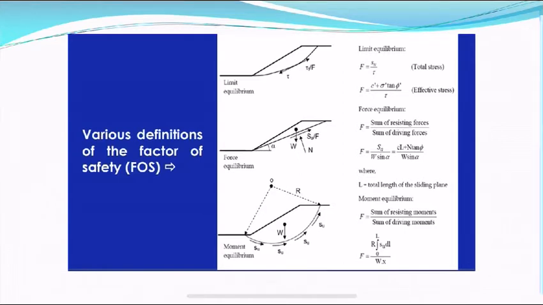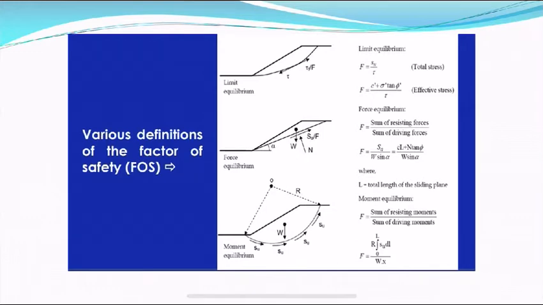Then similarly for moment equilibrium, the factor of safety is defined as resisting moment by driving moment, that is the summation of resisting moments divided by the summation of driving moments. To get the resisting moment by taking the shear strength along this particular arc, let us assume that we have S_u1, S_u2, S_u3 and S_u4.